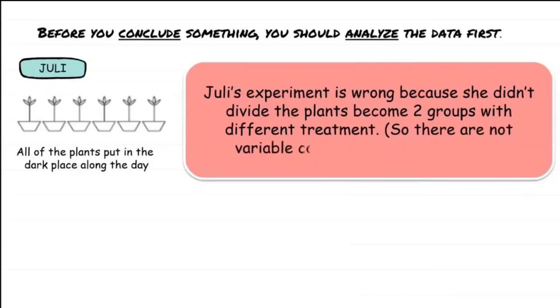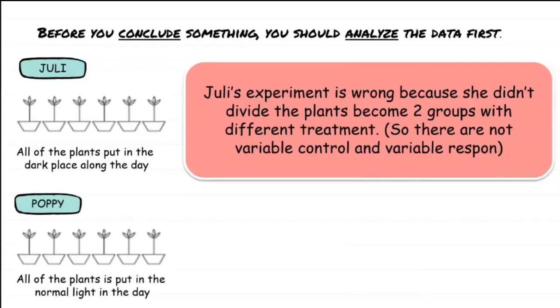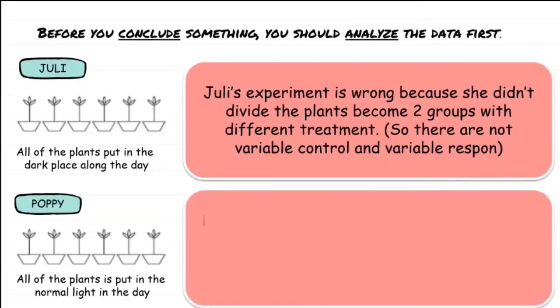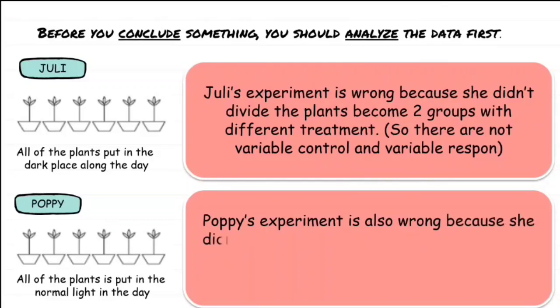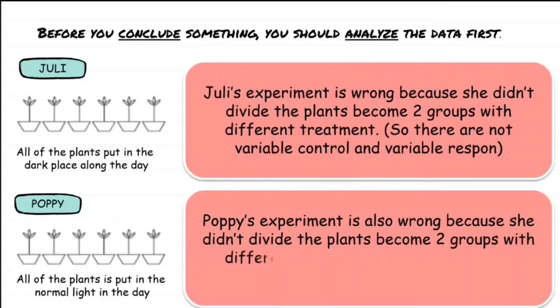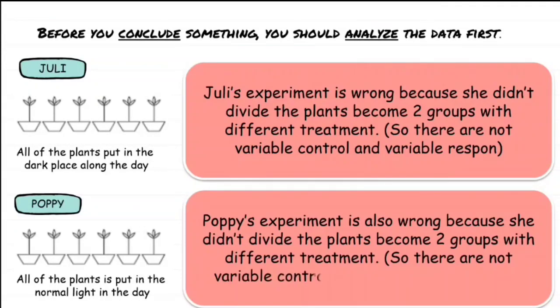So they are not control variable and response variable. Poppy's experiment is also wrong because she also didn't divide the plants into two groups with different treatments. So they are not control variable and manipulation variable.